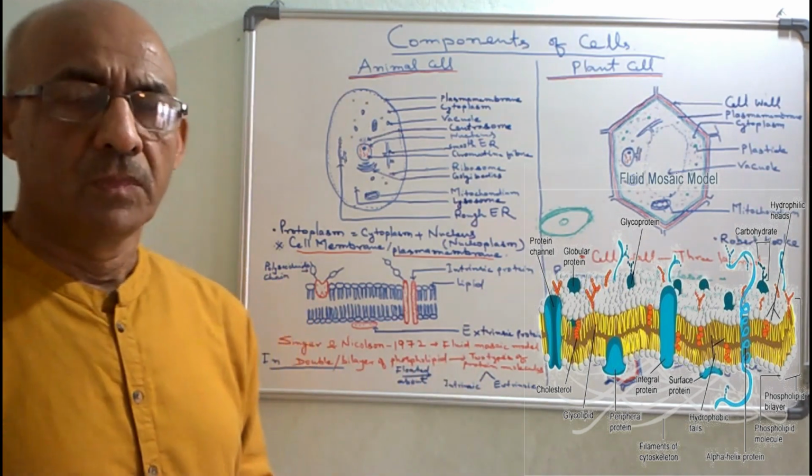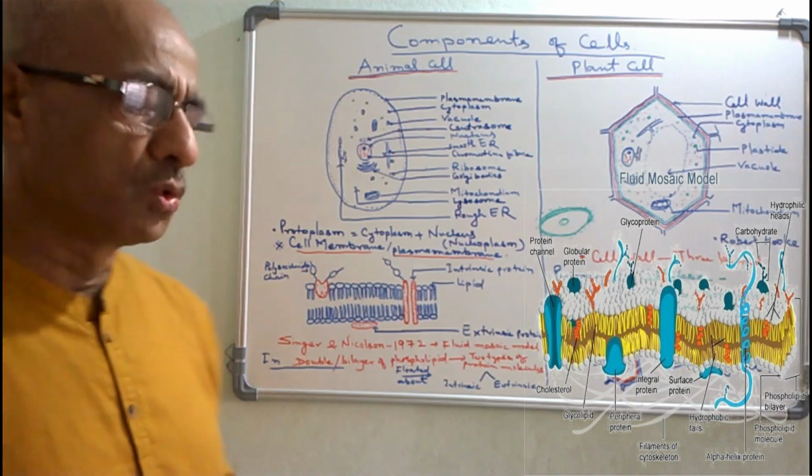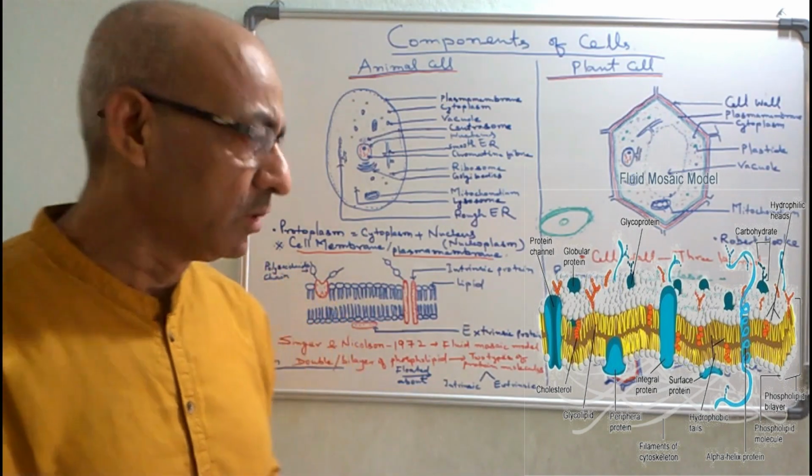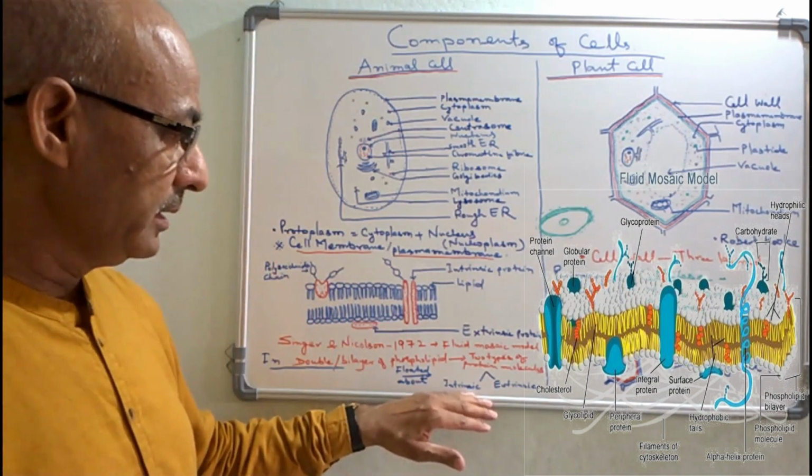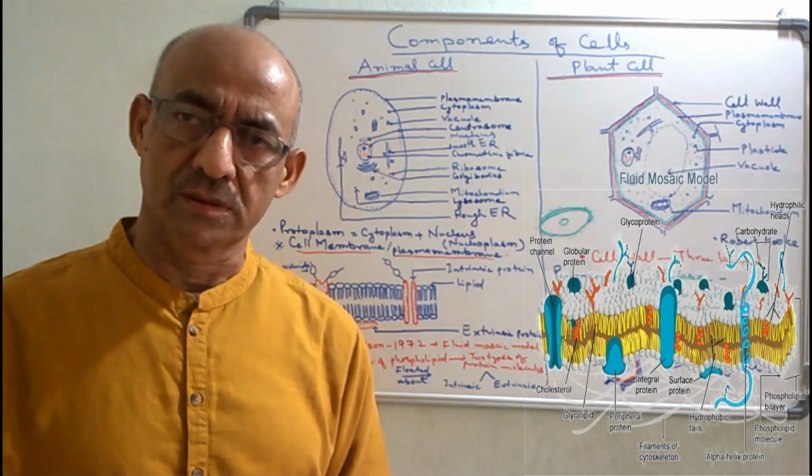They called those two types of protein molecules intrinsic protein molecules and extrinsic protein molecules.